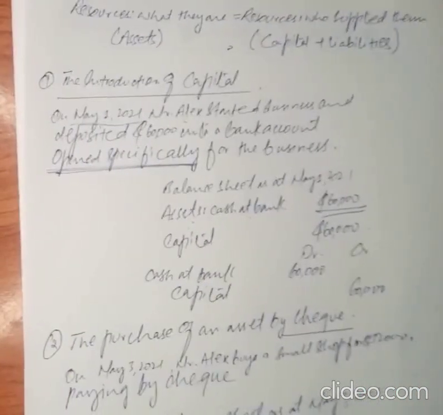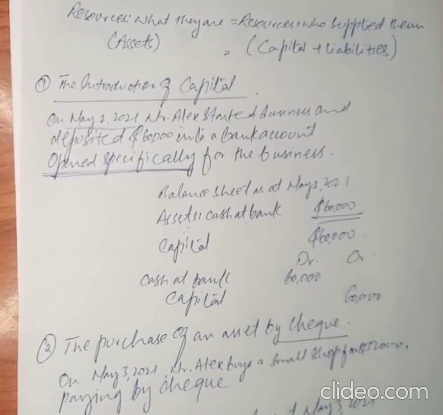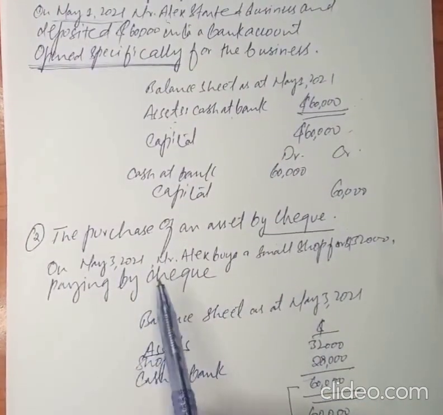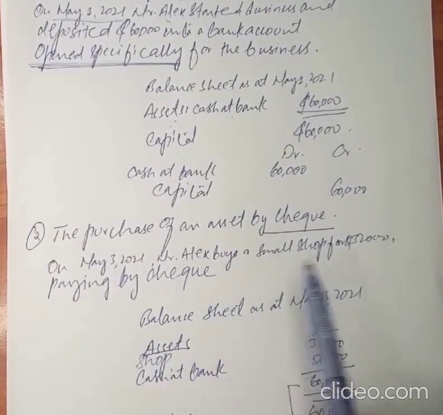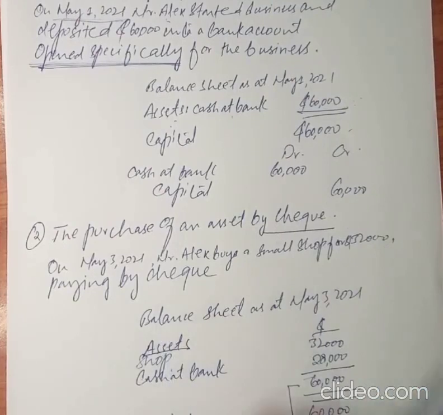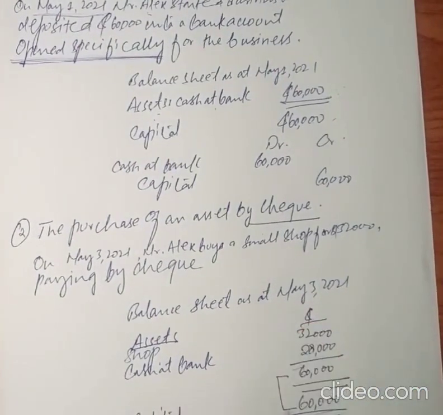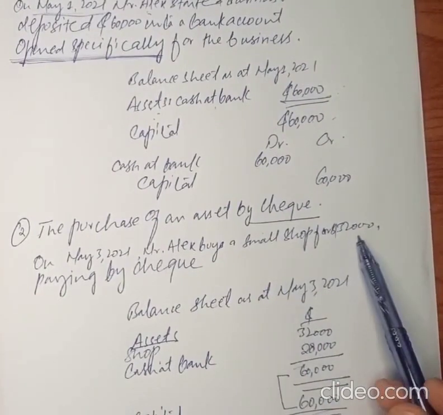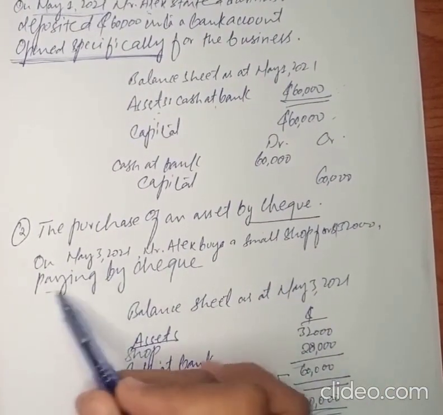On May 3rd, 2021, Mr. Alex buys a small shop for $32,000, paying by check. He buys a small shop for $32,000 and paid by check.